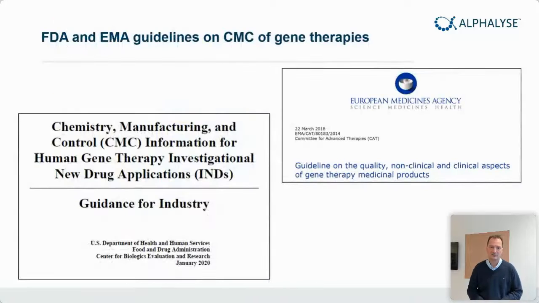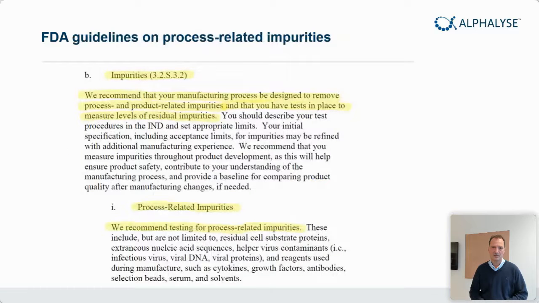First, there are also guidelines that are very recent. One from January 2020 from FDA, where you can read a lot of the CMC details about it. There's also one from EMA with a similar title from 2018. Not to go through all these documents, just an example on the impurity chapter from the FDA guideline: "We recommend that your manufacturing process be designed to remove process and product-related impurities, and that you have tests in place to measure the level of these impurities."